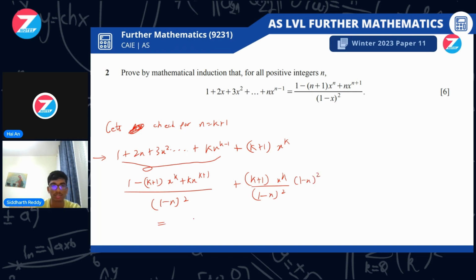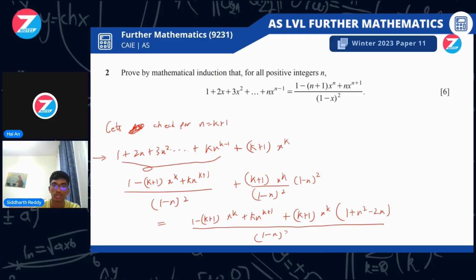So this is just going to be 1 minus (k plus 1) times x to the power k plus kx to the power k plus 1, plus (k plus 1) x to the power k times, let's expand this bracket while we're at it, (1 plus x squared minus 2x), divided by (1 minus x) whole squared.